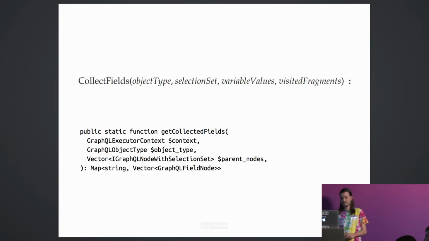So the function header we actually ended up with looks sort of like this. It's actually pretty similar. Has the context, which just has the variable values, the parent type again. But then instead of the selection set, we figure out that the selection set must come from somewhere in the original GraphQL query text. So instead of trying to calculate the memoization key based on the selection set, we just store the one node it came from.